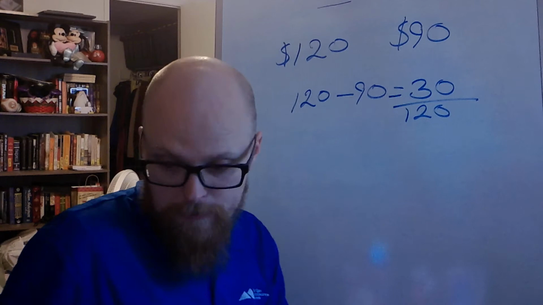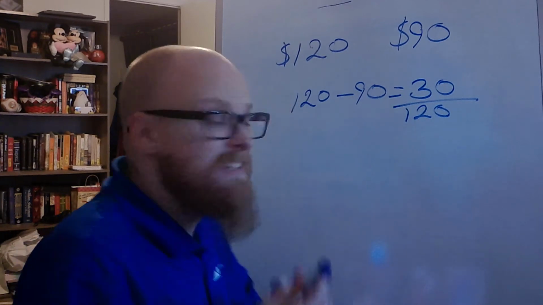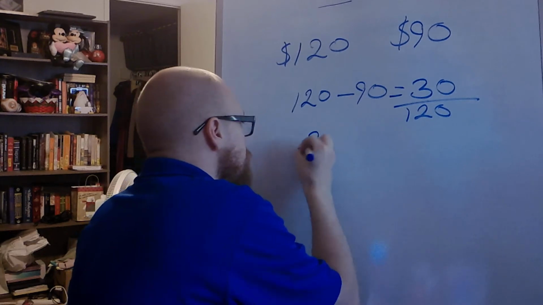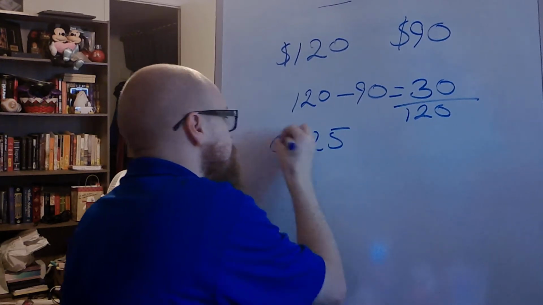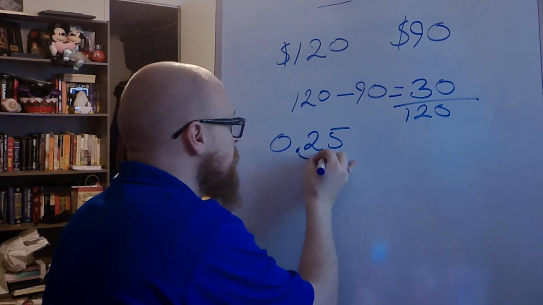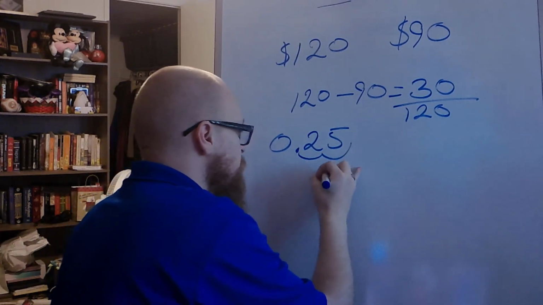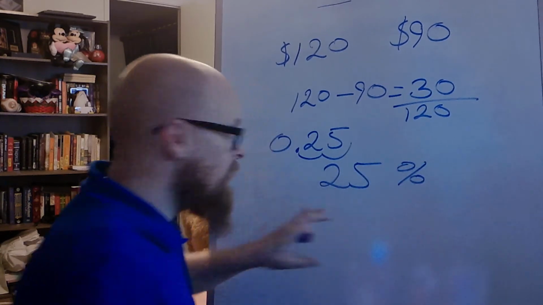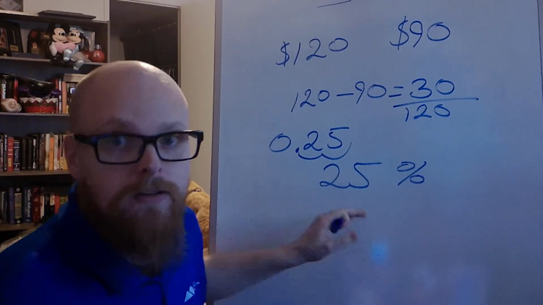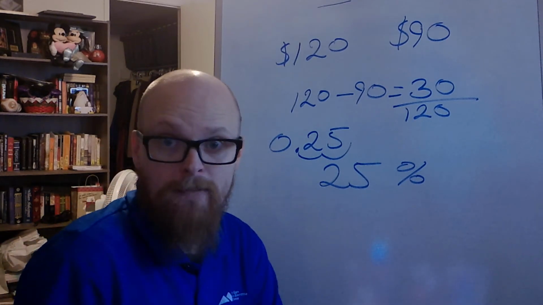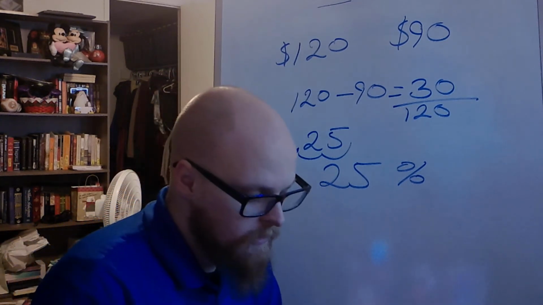It's going to give me a nice, easy decimal in this case. It's going to be 0.25. Which, once we change it to a percentage, right, we move that decimal twice, comes out to 25%. That is your sale. Your sale is 25% off. Not a bad sale, right?